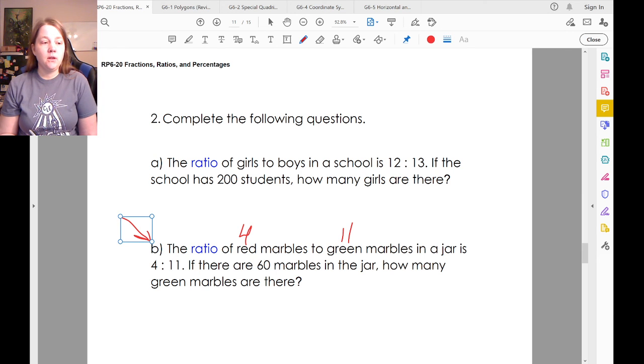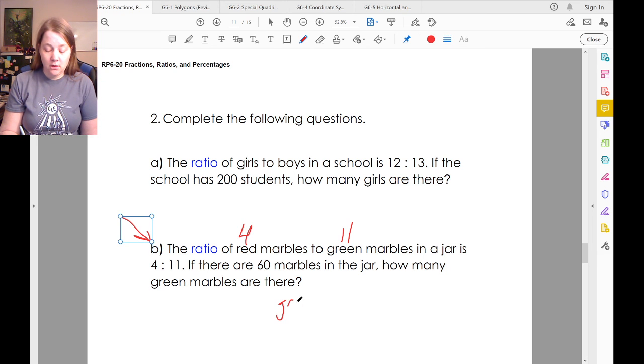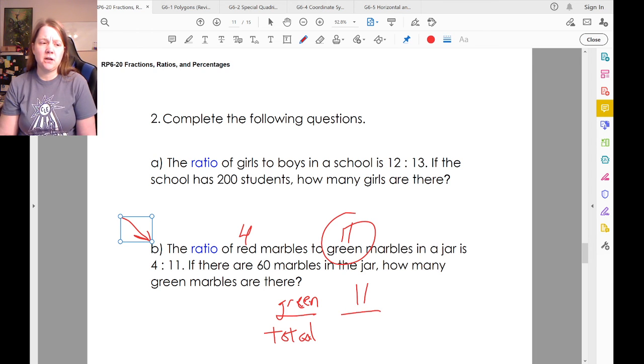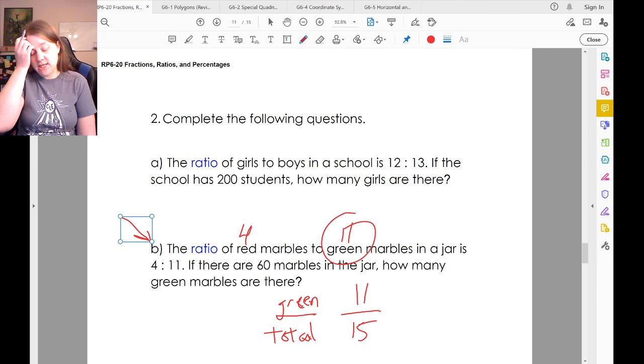If there are 60 marbles in the jar, they want to know how many green marbles there are. Well, that means that I'm going to be making a ratio of green to total. Well, we know there's 11 green, but how many total marbles are there? Remember that red plus green equals total in this case. So 4 plus 11 is 15.